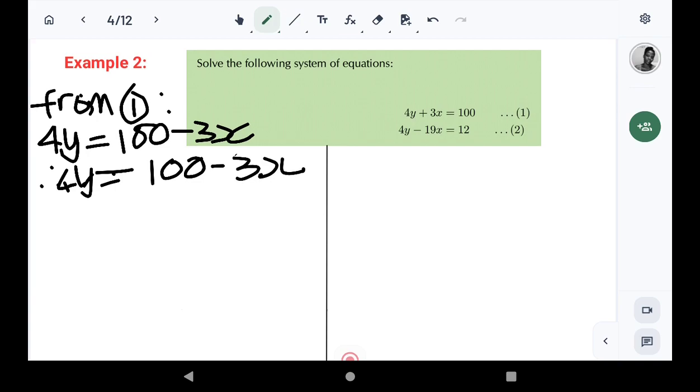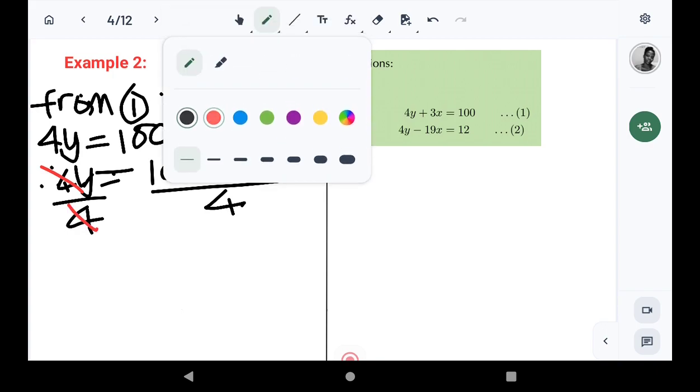Divide both sides by 4. Okay, the 4's here cancel out. And you're left with y on the left hand side.